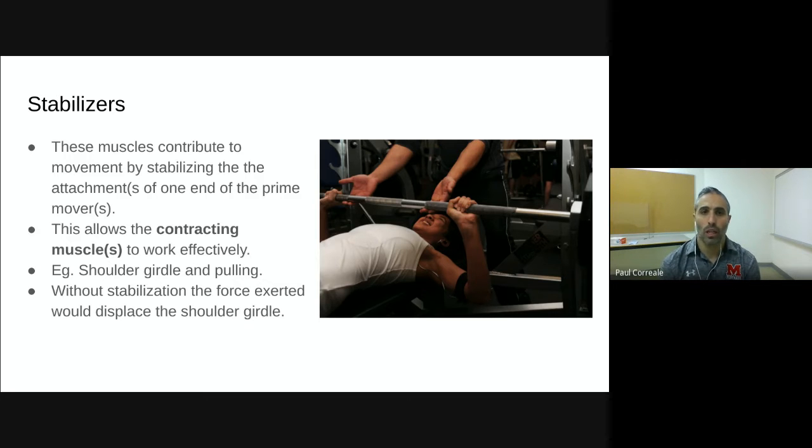If we're talking about a shoulder press overhead, or the horizontal press shown here, we need to keep the shoulder in a nice, locked, strong position. We're going to need other associated muscles around the shoulder girdle, your scapula essentially, to keep it in place and allow you to move with force through that range of motion.